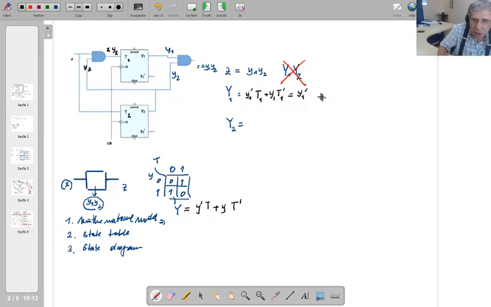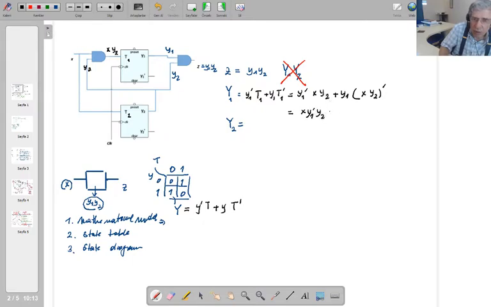So I write here X time Y2 plus Y1 time T1 prime. So T1 was X Y2 prime. If I write it once again, let's change the order here.